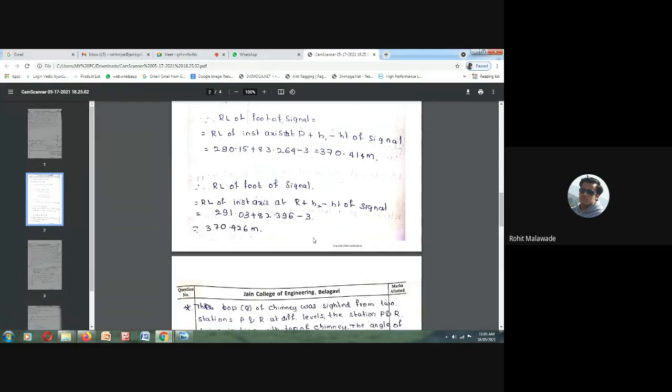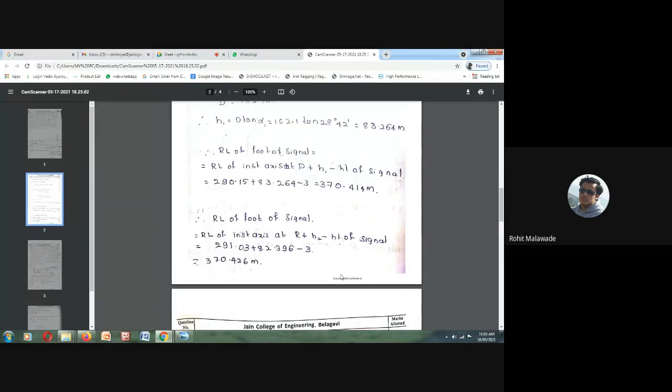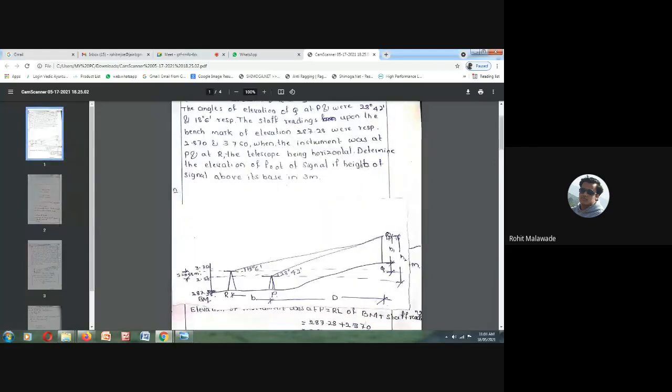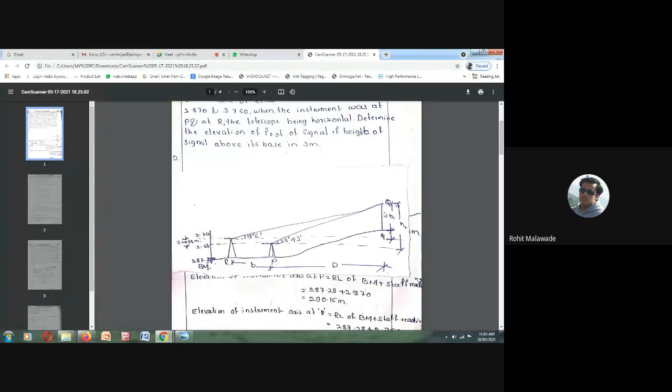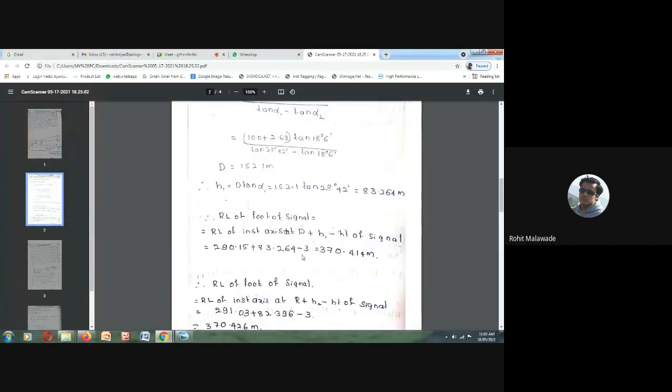If we want the reading at Q, we reduce minus 3, because this height is 3 meter. So we are going to get the answer as 370.414 meter. So this is the RL at the point P.